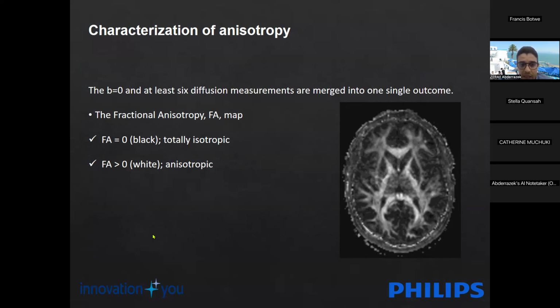We can interpret this image as follows: if it equals 0, which means there is no directional movement, shown as black, it is totally isotropic. If the fractional anisotropy is superior to 0, seen in the image as white, it is anisotropic, which means we have more fibers or more bundles inside this region.